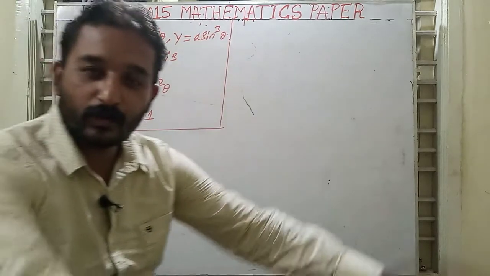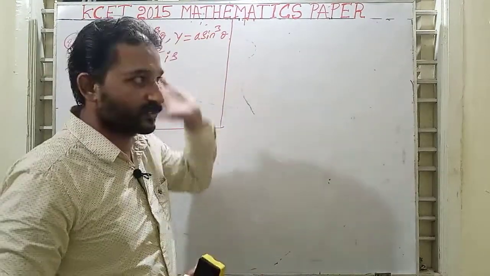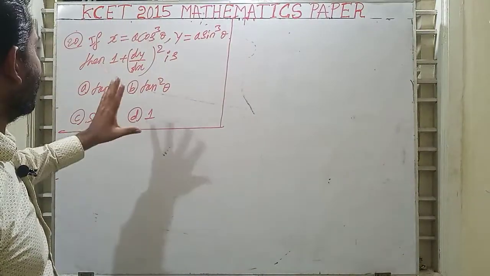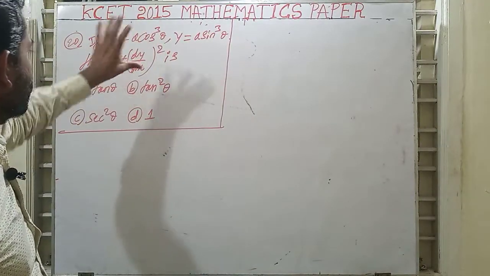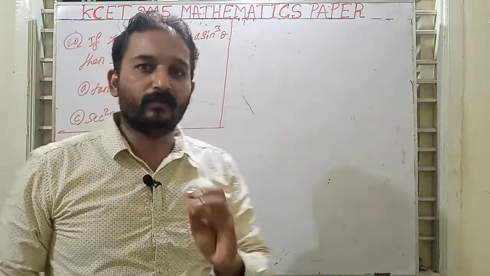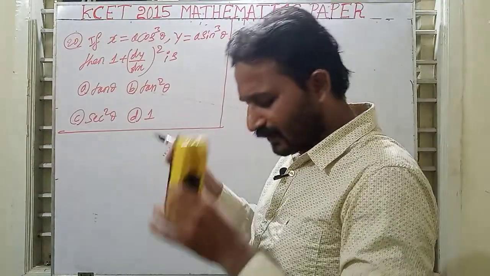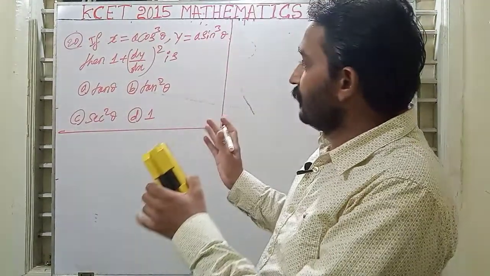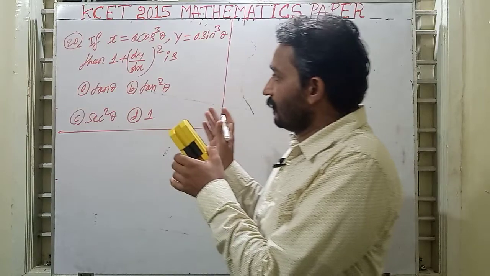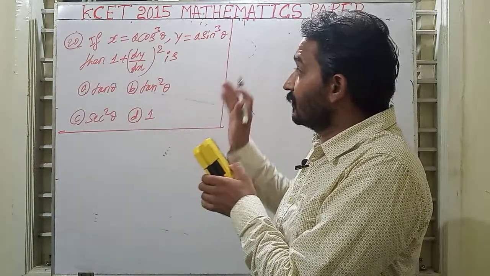So now let us move on to the next question, question number 20, the last question in this video. Once again, the question is based on the chapter differentiation, particularly parametric form of differentiation. It is easy to solve, very simple. This problem also depends on trigonometry.